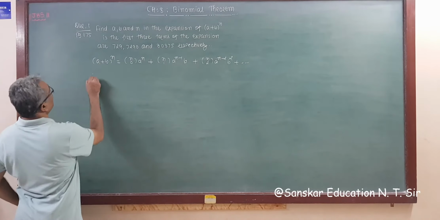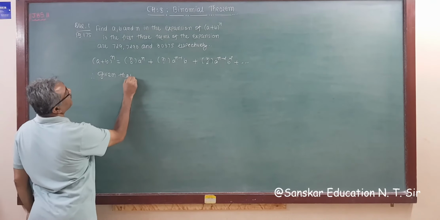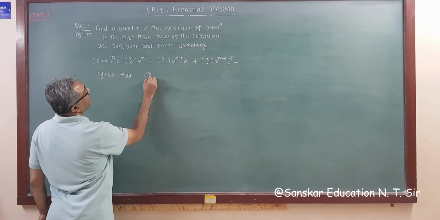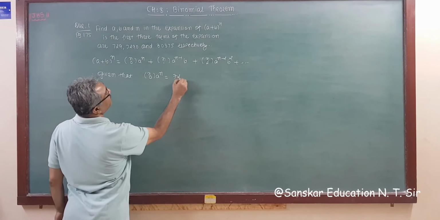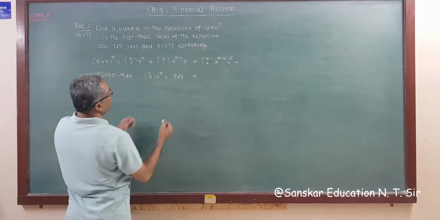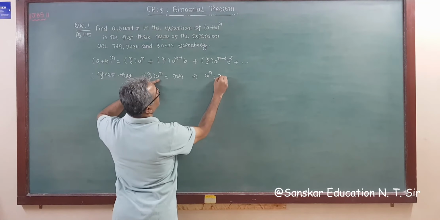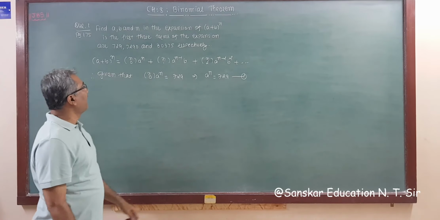So therefore, given that nC0 is 1, right? So nC0 a raised to n is equal to 729. So this implies a raised to n is 729. Equation number 1, right?